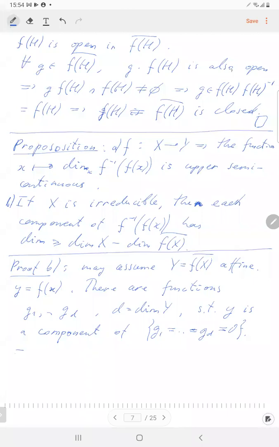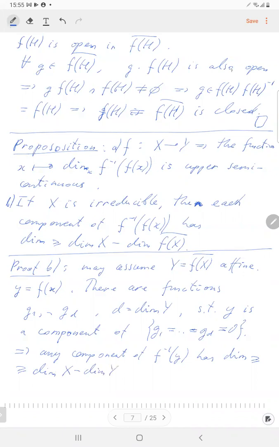Because it implies that any component of the fiber over this point has dimension at least the relative dimension.